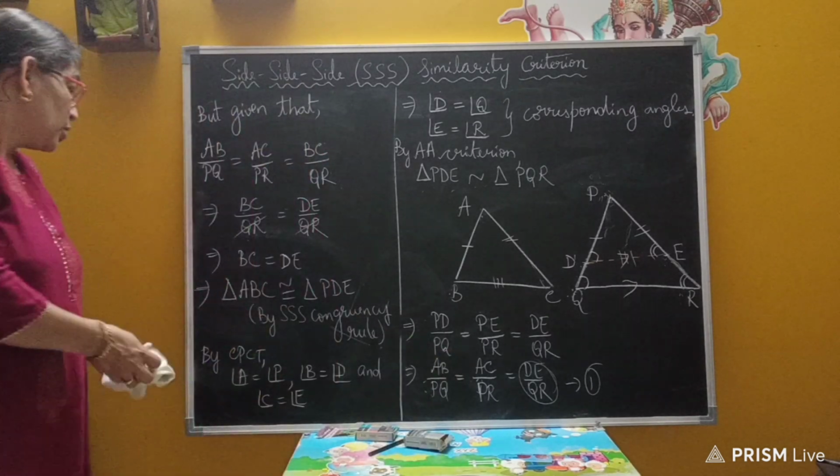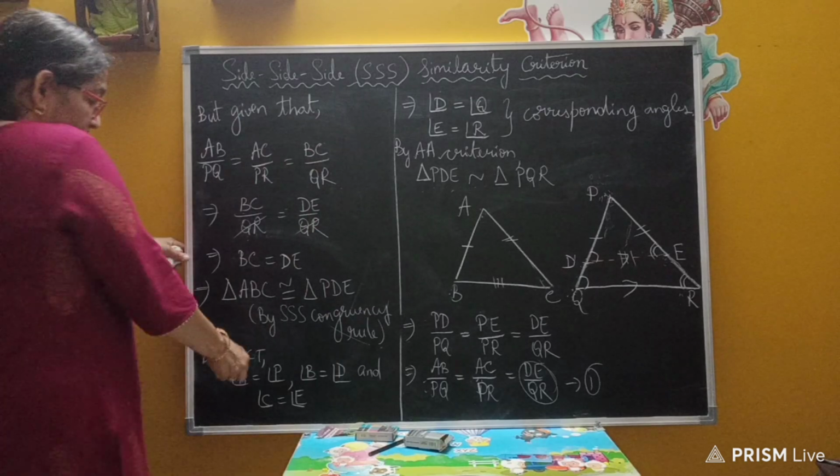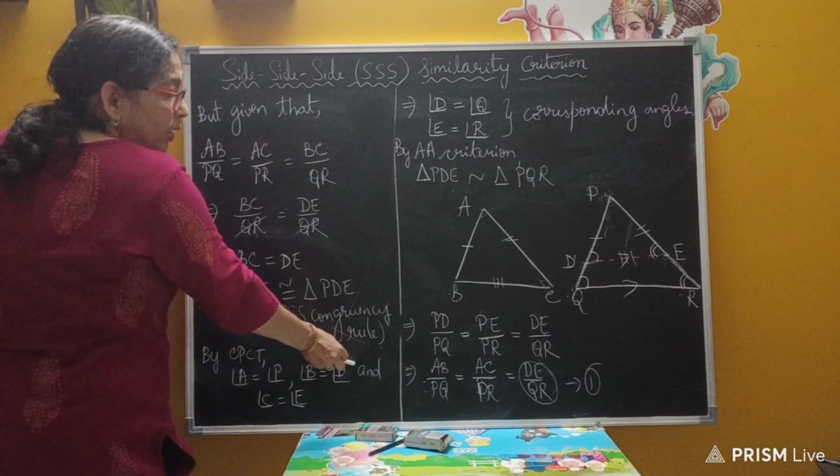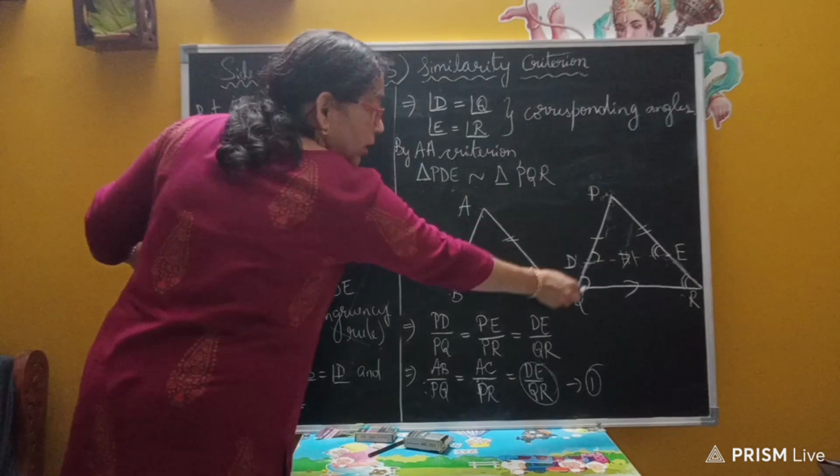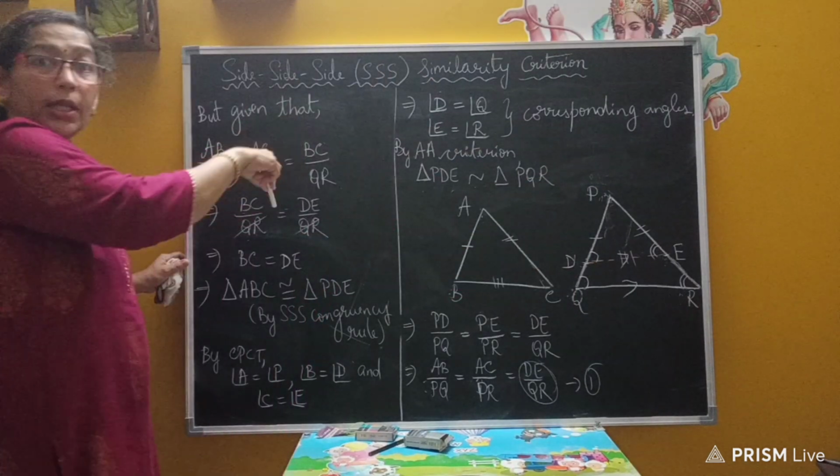But we know here B is equal to D, and D is equal to Q. We have proved it already.